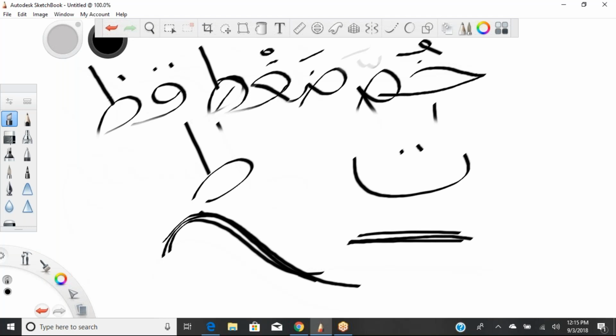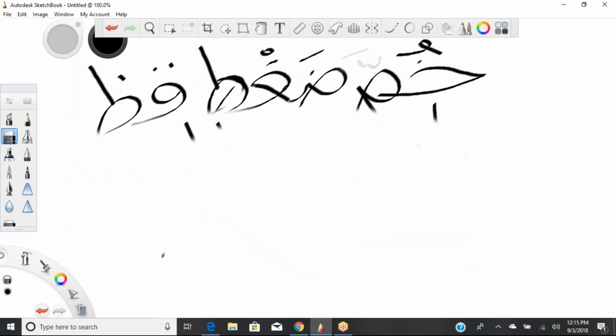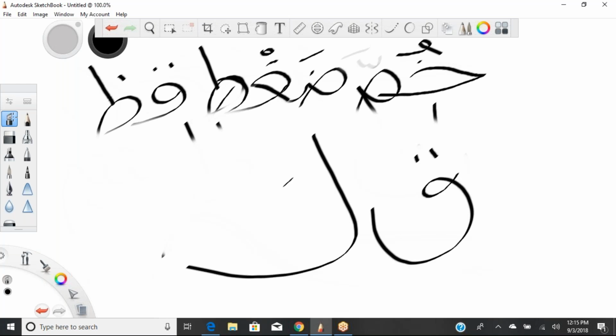Before we finish, let's try to do these last two letters. We have here qaf, and it's basically in the same makhraj as the kaf. So you have qala, qaf. You all after me. Qaf.